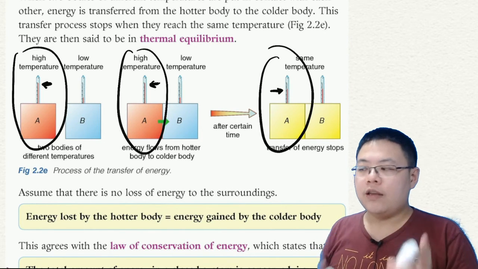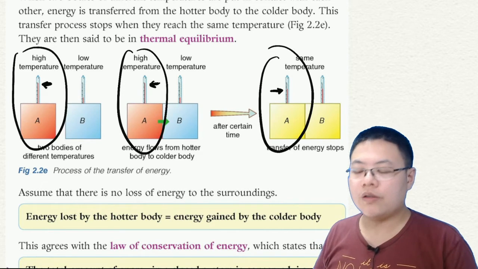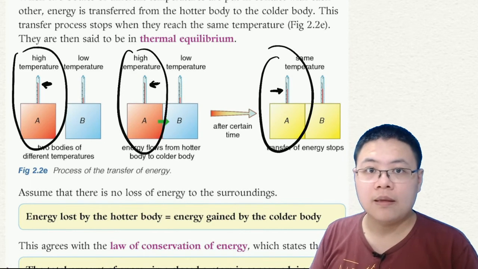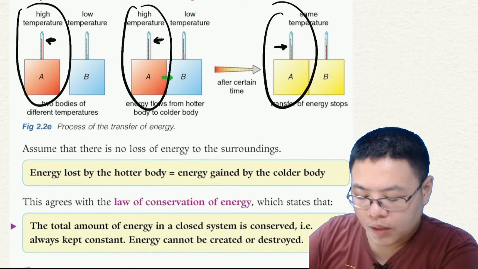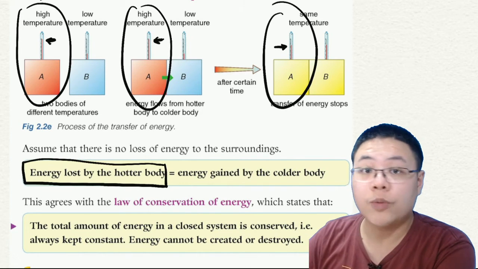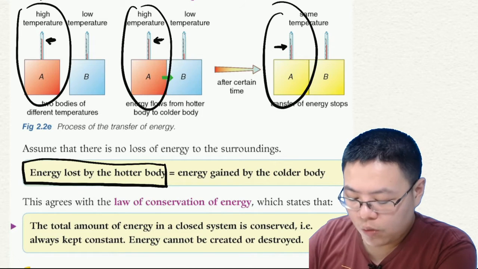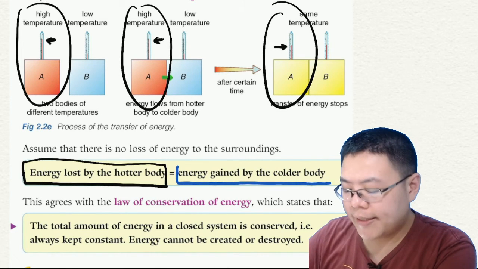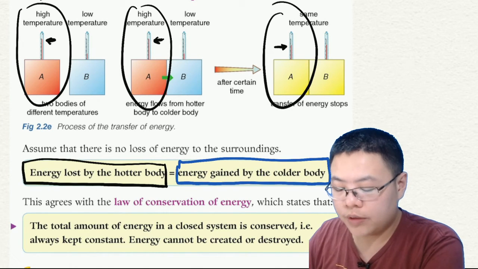However, if theoretically it can be, let's assume there is no energy loss, then by the conservation of energy, the energy lost by the hotter body, which is object A in the above diagram, is equal to the energy gained by the cooler body, the colder body.